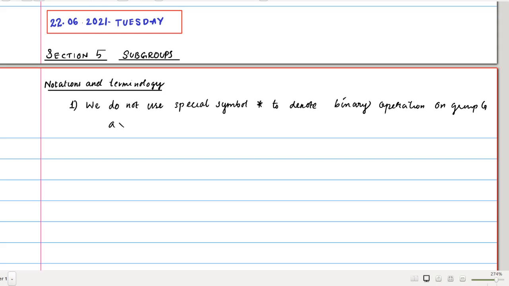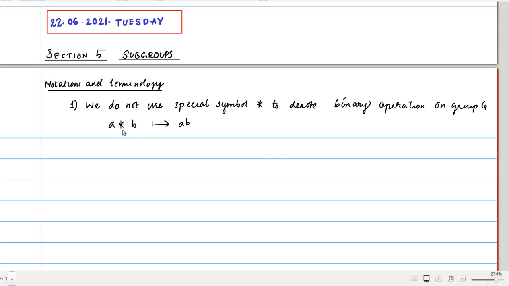That means if we are following the symbol a star b to denote the product, the element assigned for the pair a, b, now onwards we use the symbol ab, just the juxtaposition of a and b. This is what we usually consider the multiplicative notation.